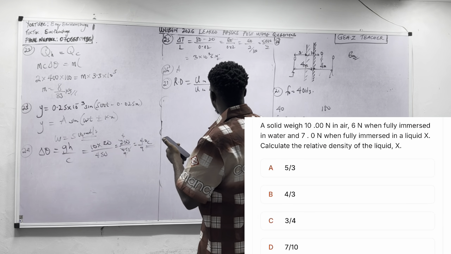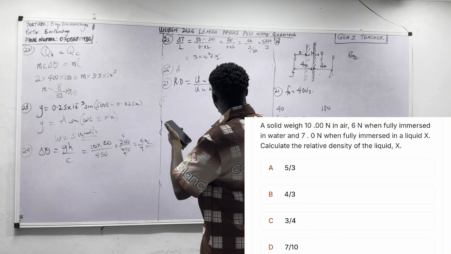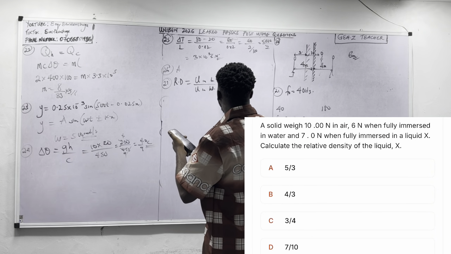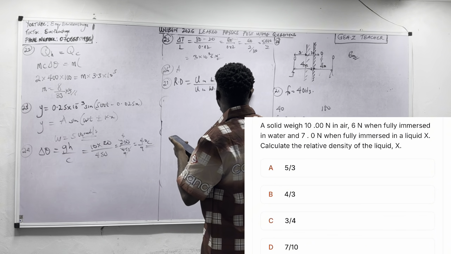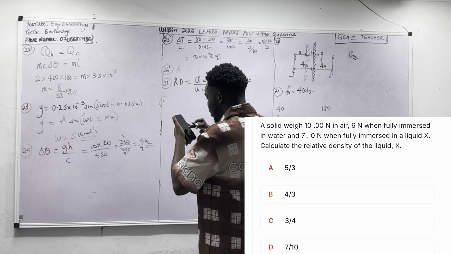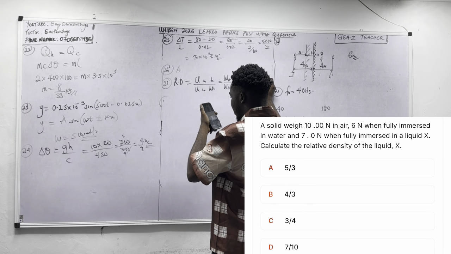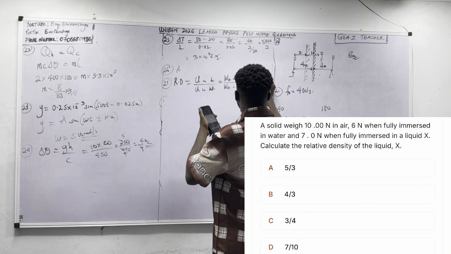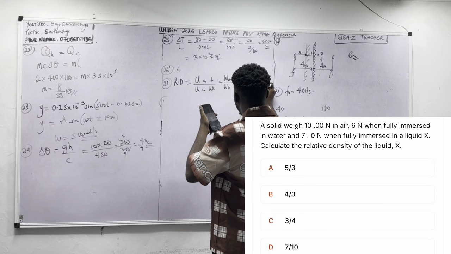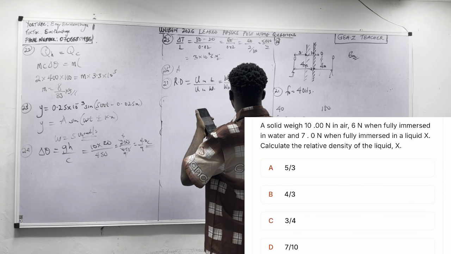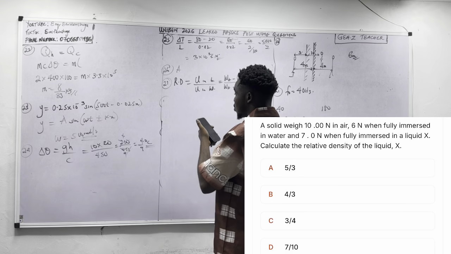Now upthrust in liquid is weight in air minus weight in liquid, while for water it is weight in air minus weight in water. So the weight in air given was 10, the weight in the liquid X was given as 7. Weight in air again 10, and in water is 6. So we're going to have 3 divided by 4, option C.